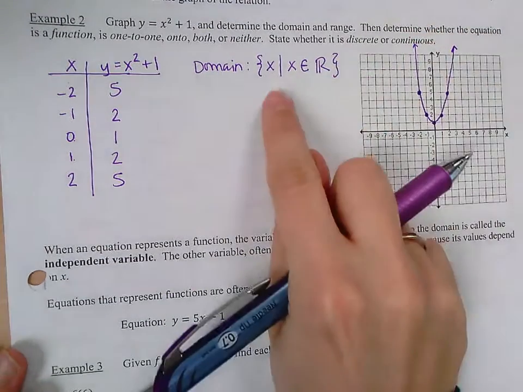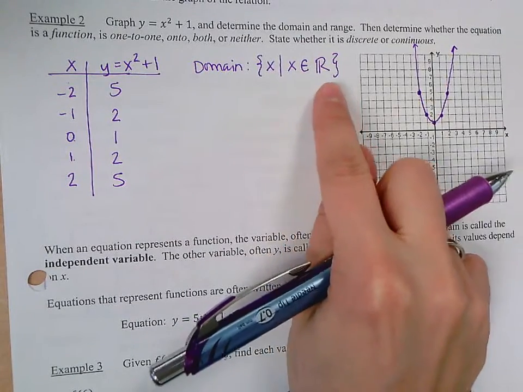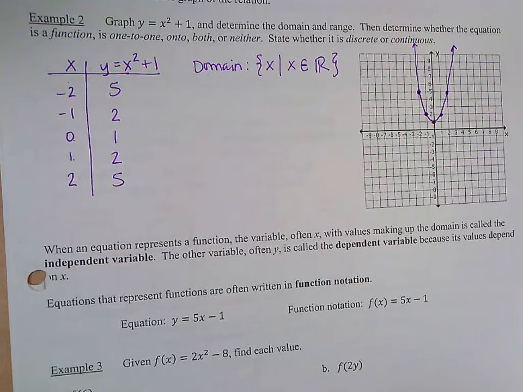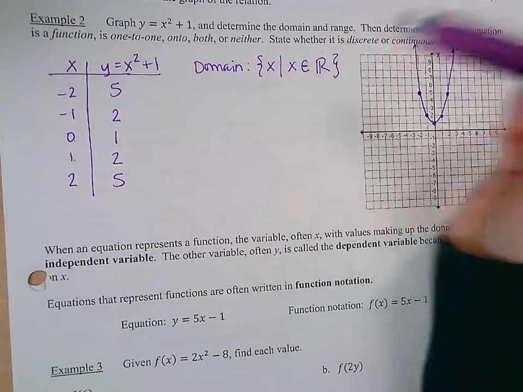So the domain is all x values such that x is an element of all real numbers, is what that means. I want to show you the set builder notation. As long as you understand it's part of all real numbers and you have the all real number symbol, you're okay.